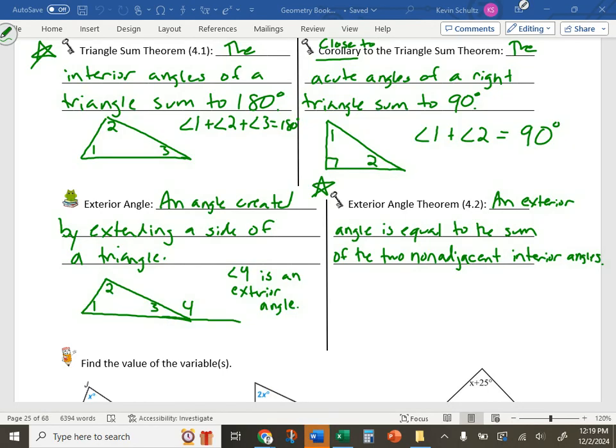An exterior angle is equal to the sum of the two non-adjacent interior angles.